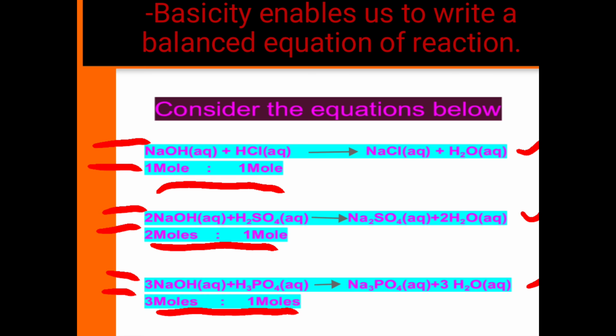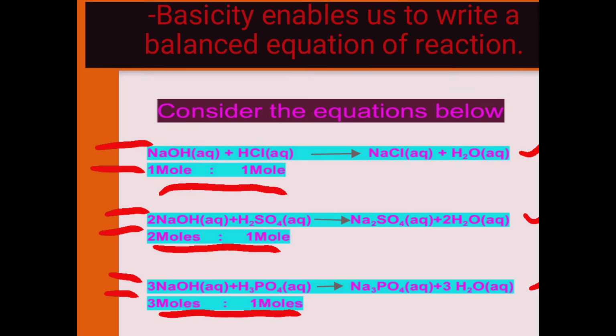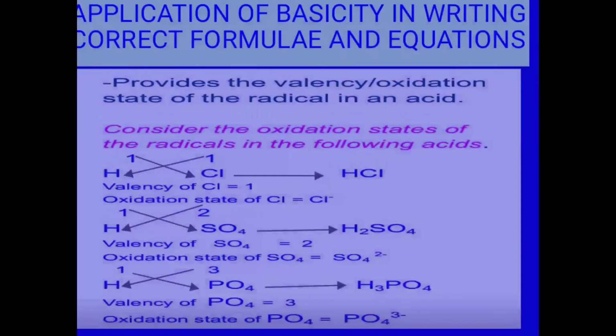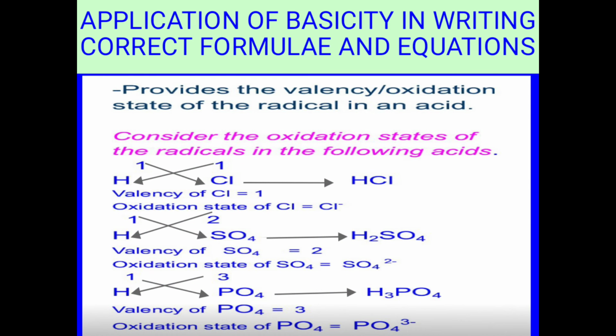As I said in my introduction, I was talking about how we use acids to write correct formulae. Are you seeing that the basicity of the acid is matching with the oxidation state of the radical within the acid? For HCl, the oxidation state of the radical chloride is 1, that of sulfate is 2, that of phosphate is 3.